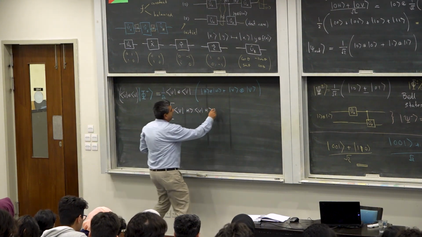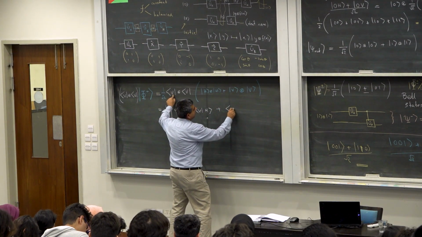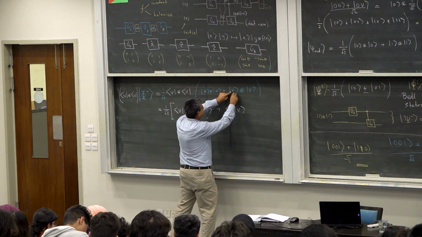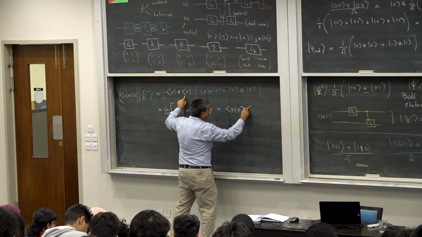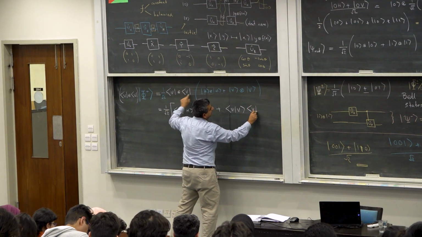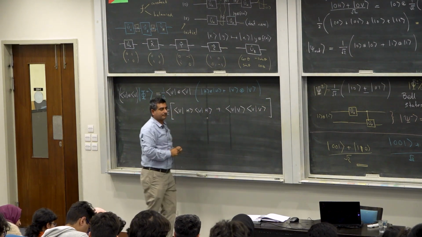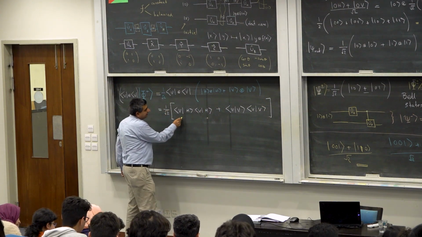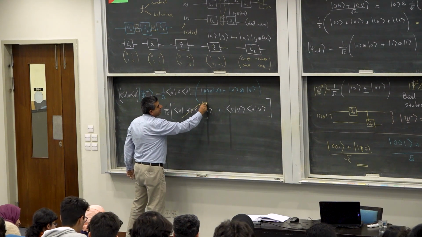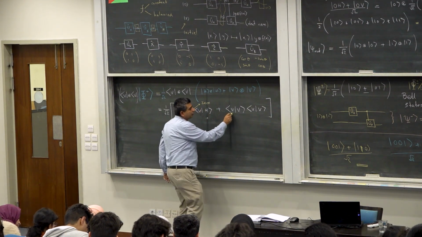The second term would be this bra V and this ket V in the first location, and in Bob's world this is bra V, ket V. So this just disappears, it is 0. This survives. All of this is 1.